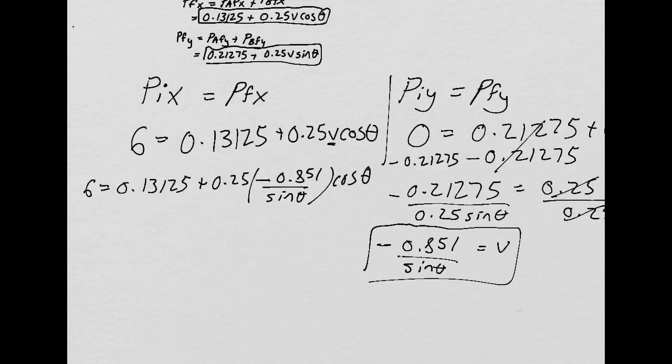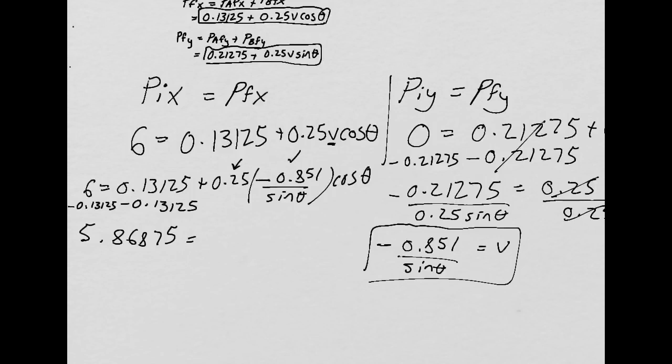So, what I want to do is I want to move this guy over, subtract 0.13125 from both sides. So 6 minus 0.13125 is 5.86875 equals.